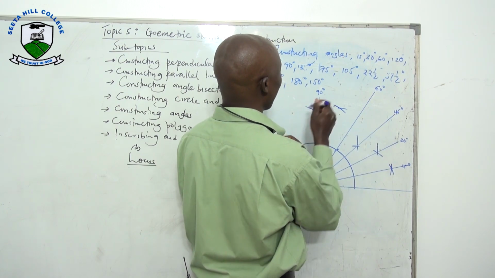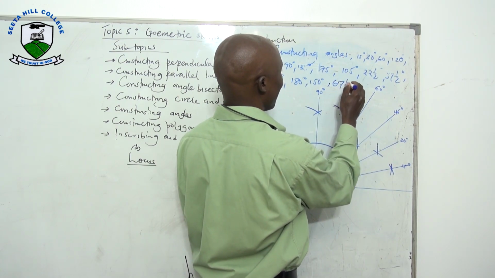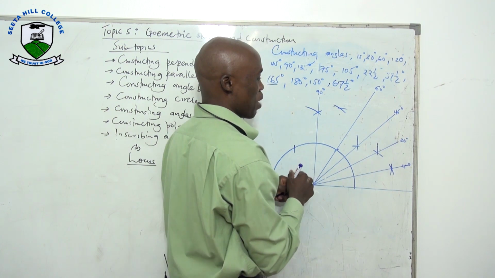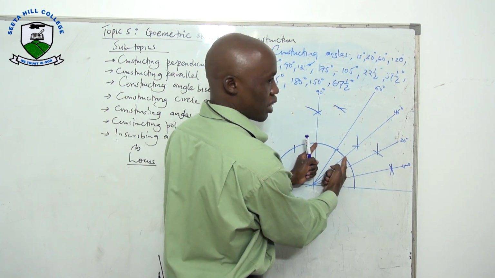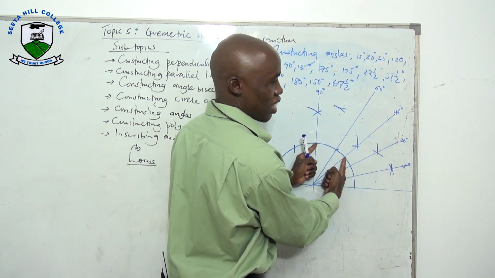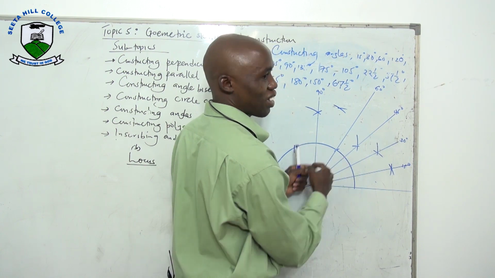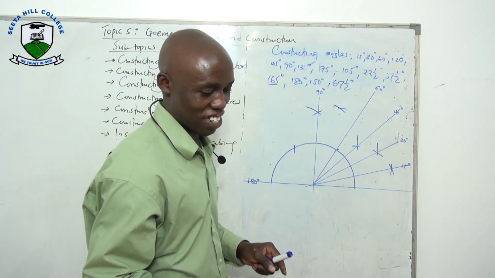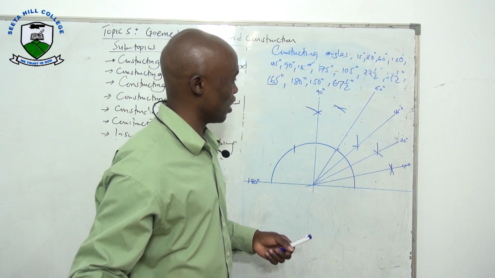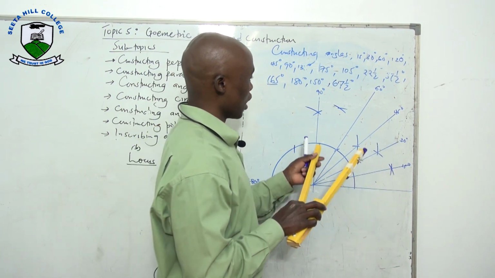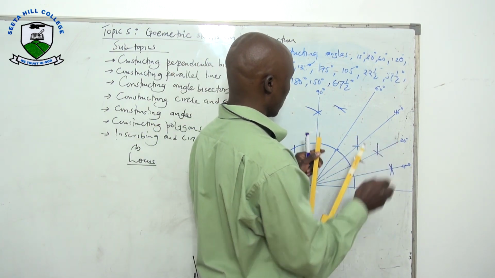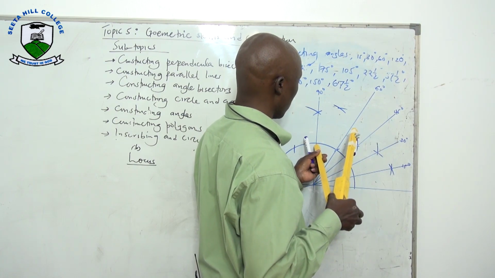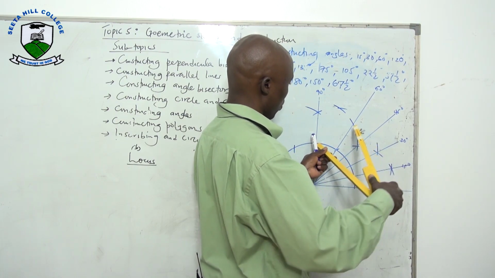That means you can also construct 67 and a half by standing between 90 and 45. I don't know whether you notice that. It means I can even have another angle 67 and a half by standing here and here.